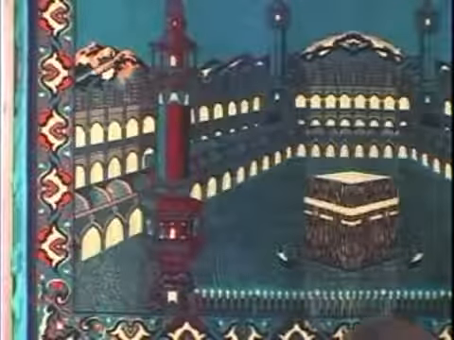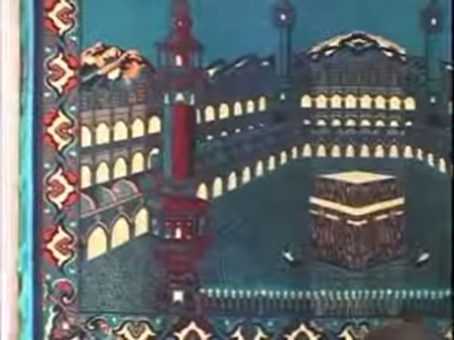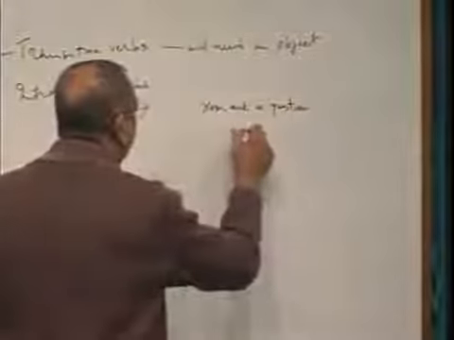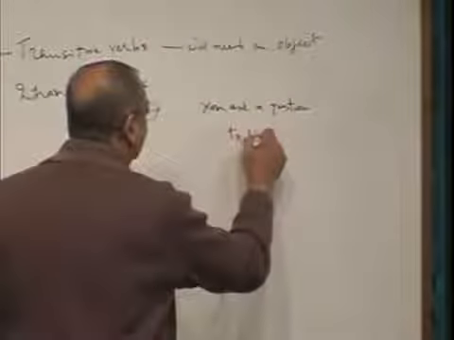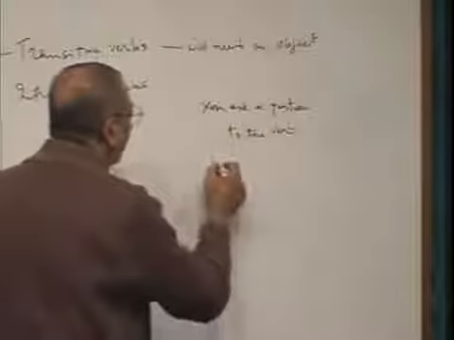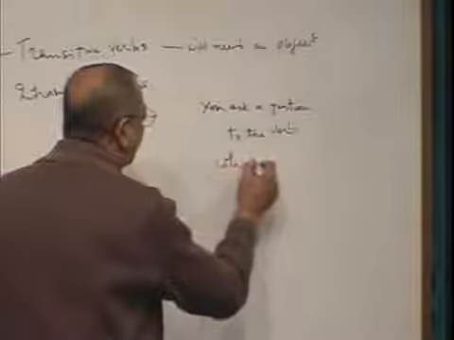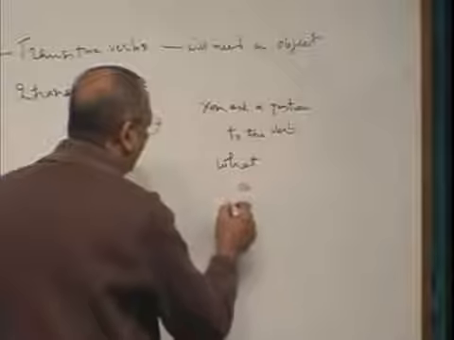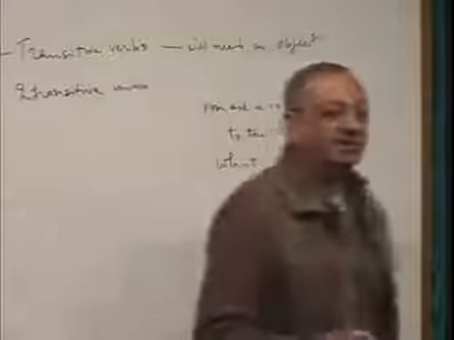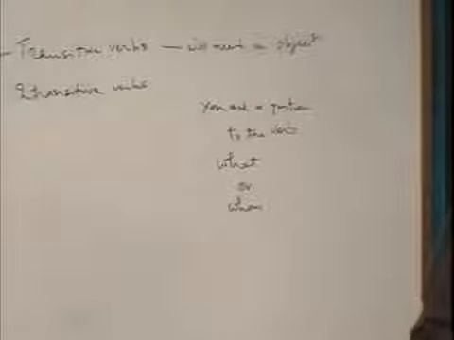You ask a question to the verb. What question will you ask? What? Or whom? If you get a proper answer for these, brothers and sisters, then it means it needs maf'ulun bihi.